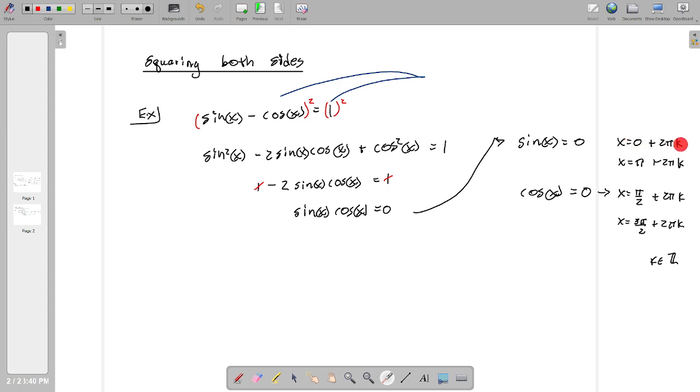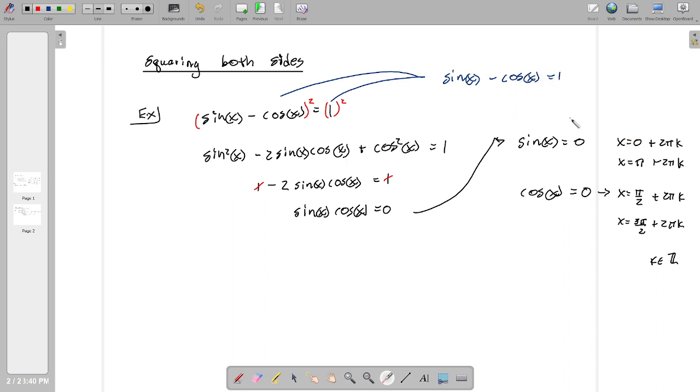So if x is equal to 0, we go back to the original equation. Our original equation is sine of x minus cosine of x is equal to 1. This is the equation that we actually want to solve. So we plug in 0 for x, we get sine of 0, which is 0, minus cosine of 0, which is 1, is equal to 1.